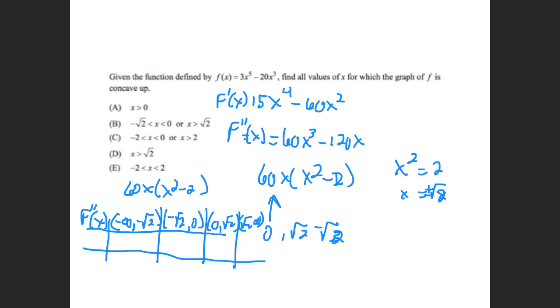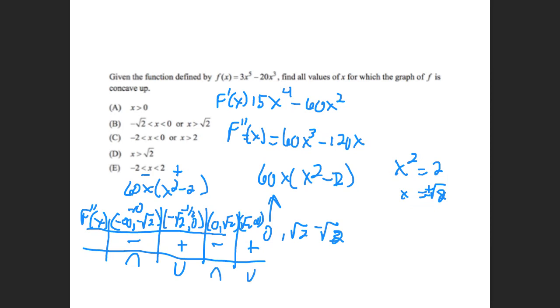Okay, so if I use, let's say, negative 10, so that's definitely negative there. Negative, that's positive there. So that's going to be negative, concave down. And then I'm going to use negative 1/2. So if I use negative 1/2, that's going to be negative there, and that's going to be negative there. That's going to be positive. So that's up. Then I'm going to use positive 1/2. So that's positive. That's still negative. So that's going to be negative. And this is going to be positive.